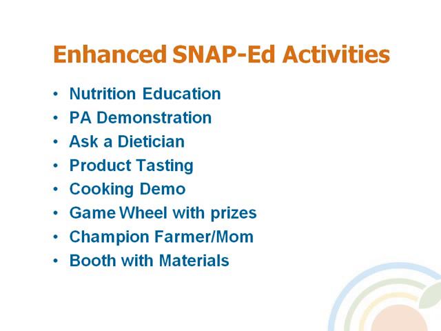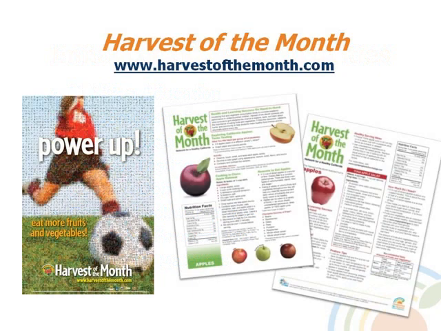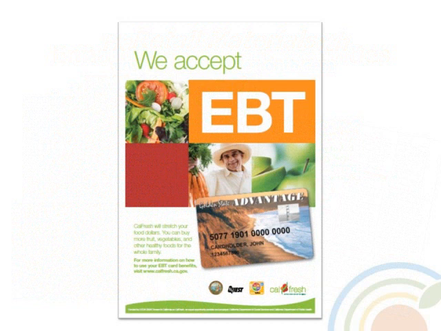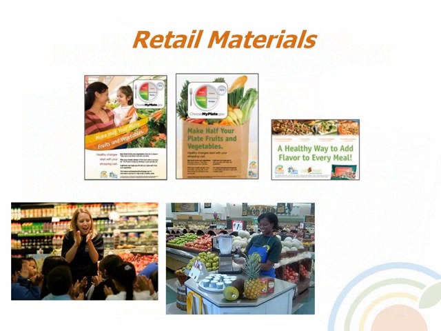And then I have some of the materials that we've used in conjunction with farmers market activities. We have Harvest of the Month, which is available. Here's the website link, www.harvestofthemonth.com. We have also at the Network our retail program, which provides a lot of point-of-sale devices.